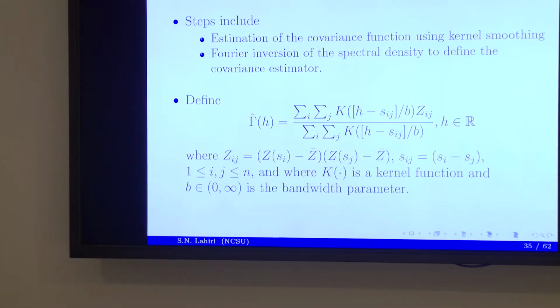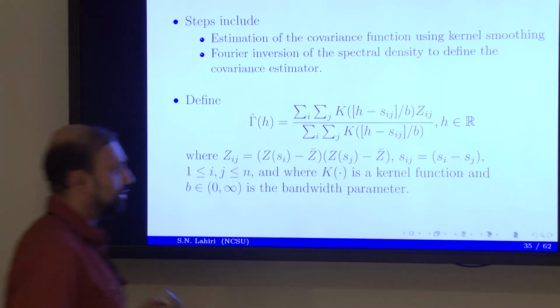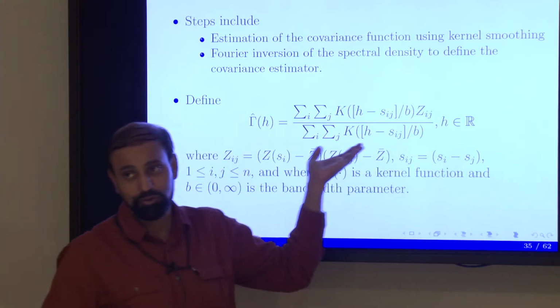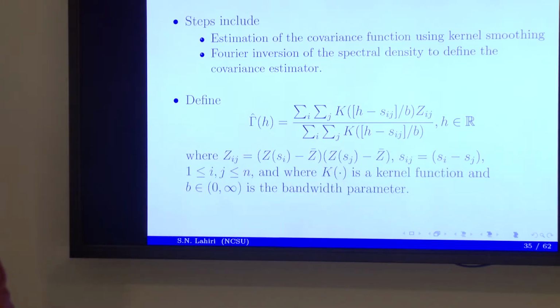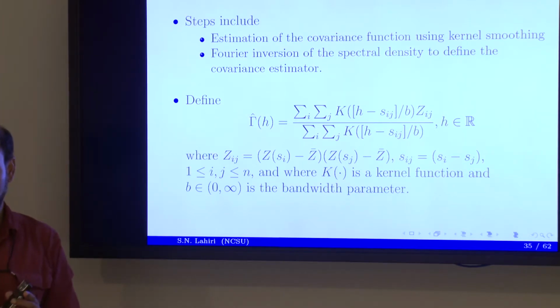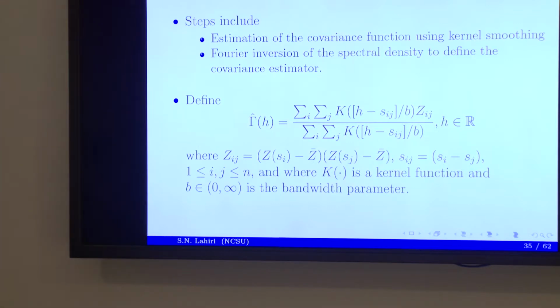So this is a sensible estimator, and from what we know, if these si's were exactly equal to I, the variance of this is going to decay like 1 over n times h, or n times b. b is going to 0 here. Okay? So you cannot really get root n consistency. That's one problem.